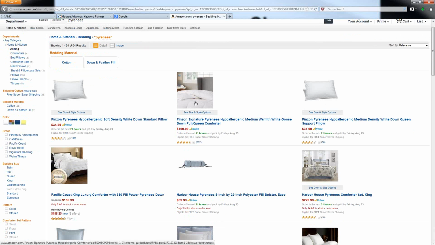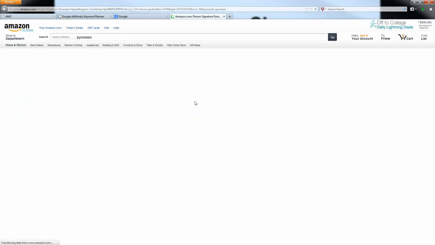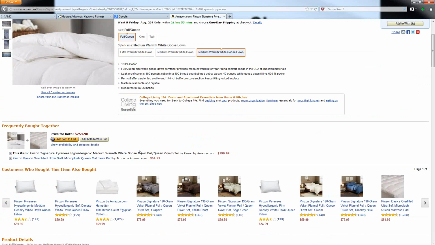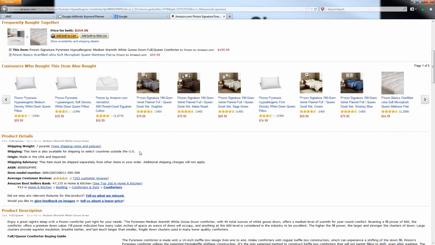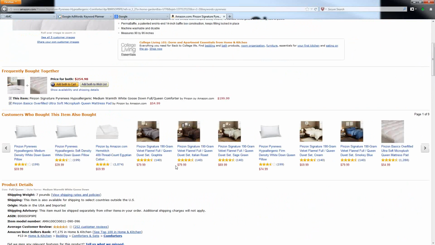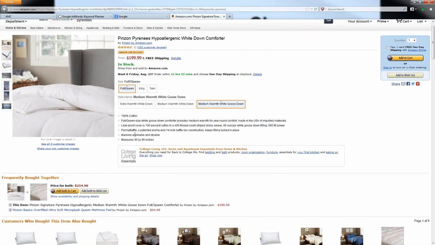So you may remember this Penzon down comforter that I was discussing in the very first lesson. I can actually revisit this product and other products that I was researching before at this point, and do some additional research in terms of trying to figure out what are some important selling points that consumers are actually interested in and wanting to find out more information about before they complete a purchase on a particular type of product.